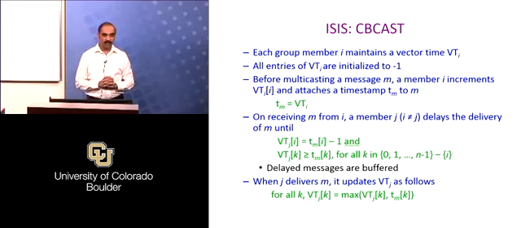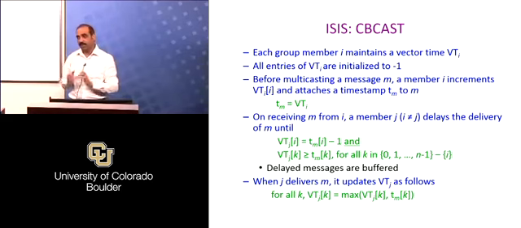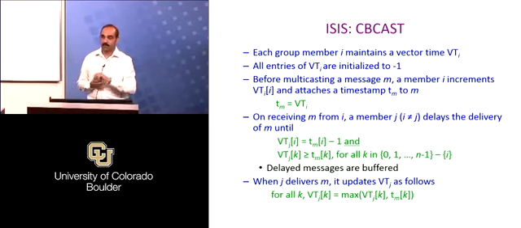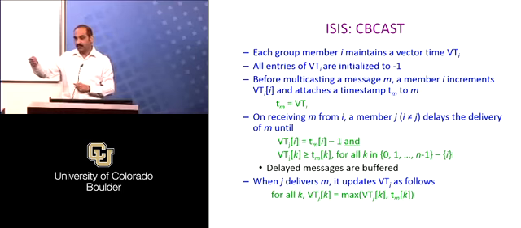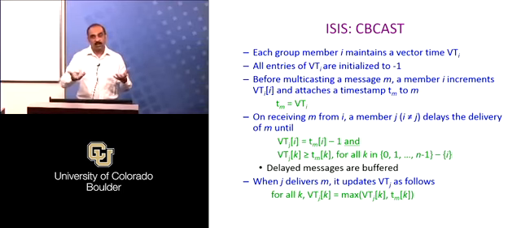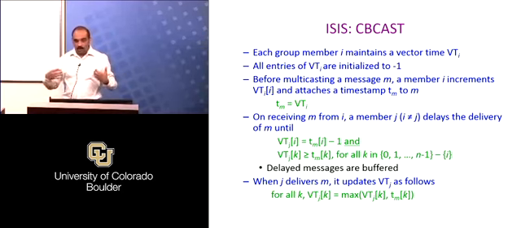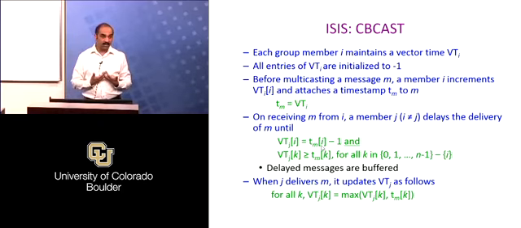Think about what's going on here. This first condition is essentially implementing FIFO. Every time I send a message, I increment my own counter, VT of I. So when I receive a message, clearly this is the first time I'm seeing this message.